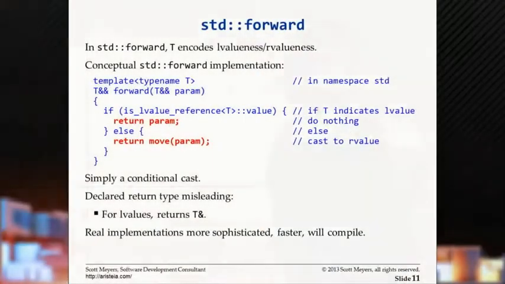So let me lie to you for a moment, because the lie is vastly better than the truth. Here's the lie. It's not an R value reference. It is what I call a universal reference, which means it is a reference which can become either an R value reference if it's bound to an R value, or an L value reference if it's bound to an L value.